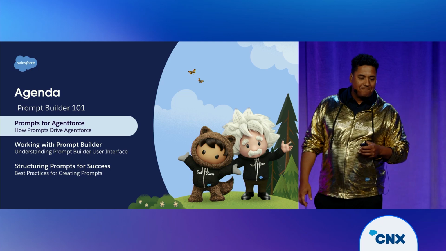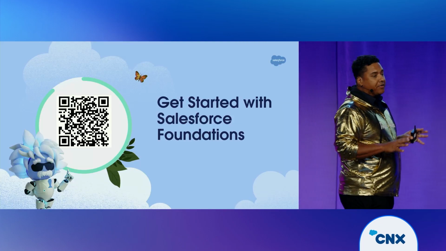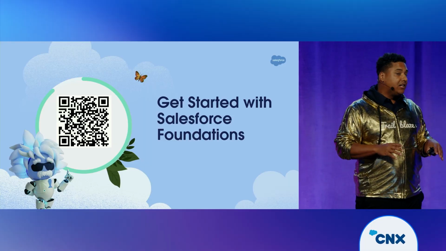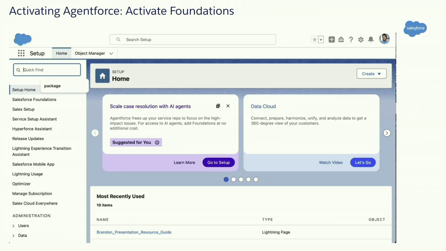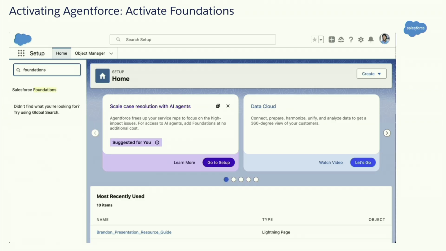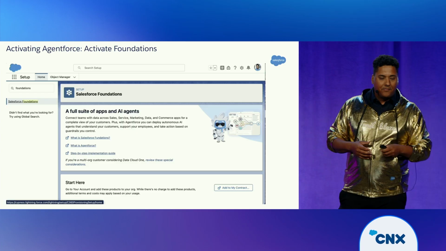So let's get started. The first thing that you're going to do, if you haven't already, whether you have your own org that you can do this in or you're working with the Salesforce admin at your company, is turn on Salesforce Foundations. Salesforce Foundations is what you are going to need to turn on all of the fun Agent Force stuff that you've been learning about here.